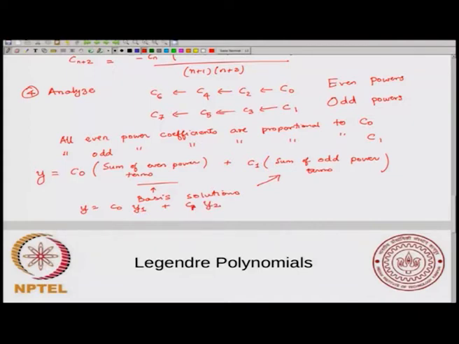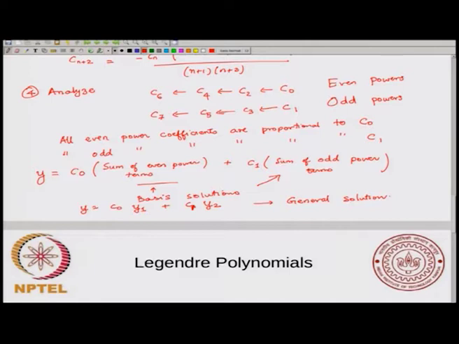So, you are writing a general solution with these two basis solutions, and C0 and C1 are arbitrary. So this looks like a general solution. This is the crux of the power series method, and this is how you find a general solution of a differential equation.